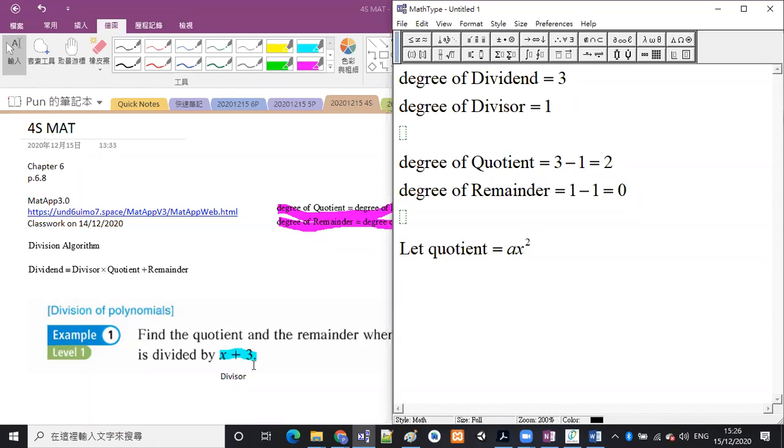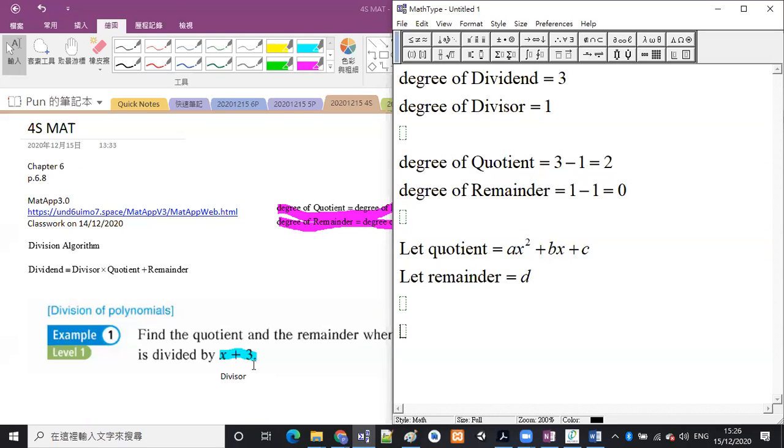And we will let ax squared, and then we will count down the degree, plus bx plus c, until you've got the constant term. And we also let the remainder be, because it is degree 0, so the highest power of x is 0. So it is just a constant term, equal to d.